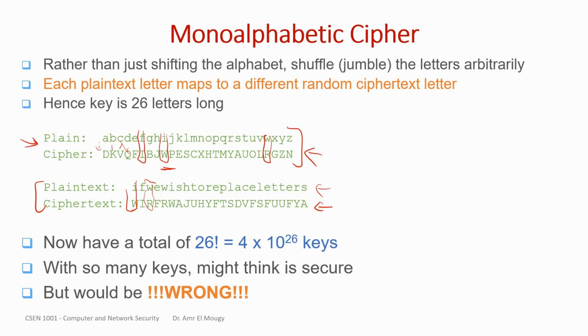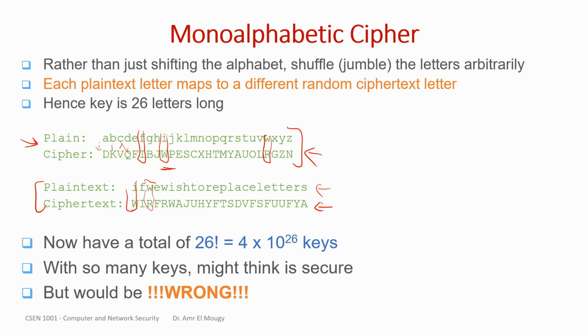Because the monoalphabetic cipher was used in the past, before even the invention of computers, if you wanted to use brute force, you would have to try through this very large key space to find the right mapping between plain text and ciphertext, or the right key in this case. So we might think that, okay, this makes us safe. We actually dealt with the problem of the Caesar cipher.